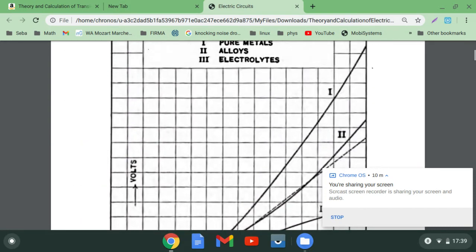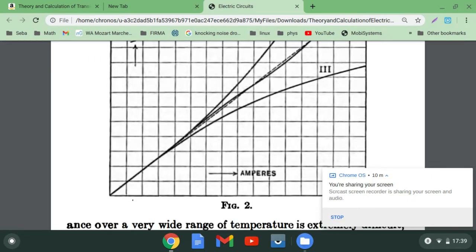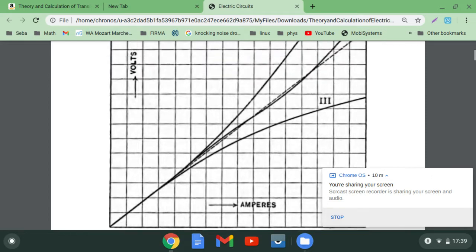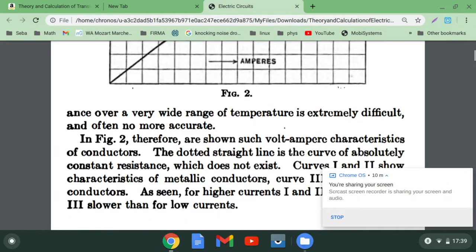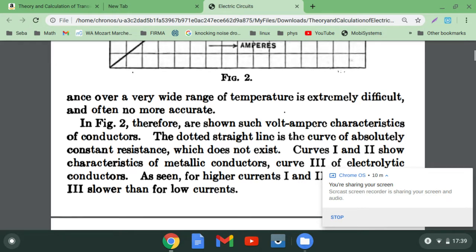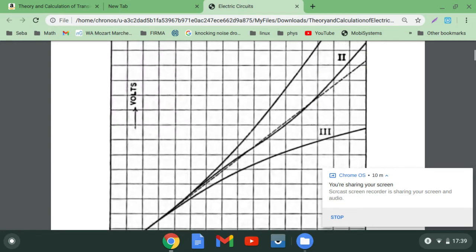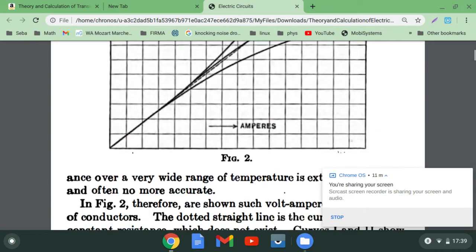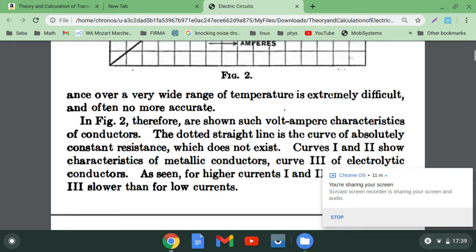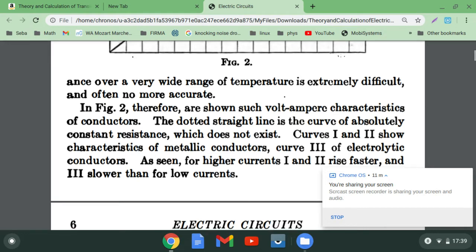So volts vertical and amperes horizontal. In figure 2, therefore, are shown such volt-ampere characteristics of conductors. The dotted straight line is the curve of absolutely constant resistance, which does not exist.